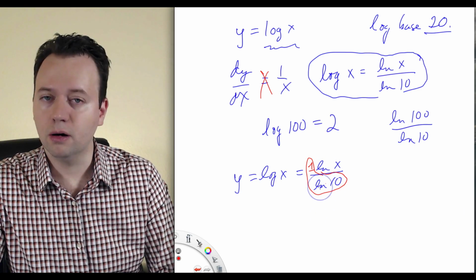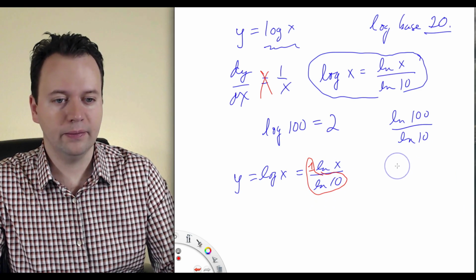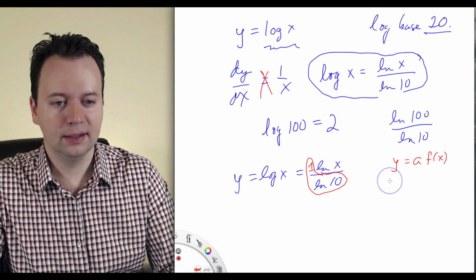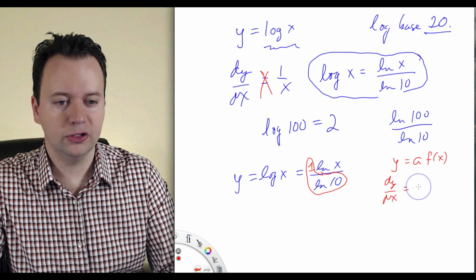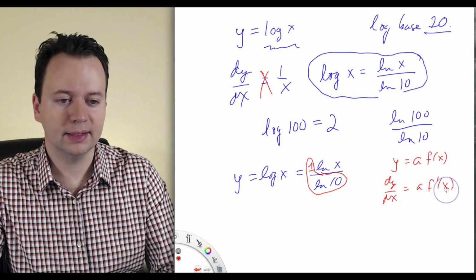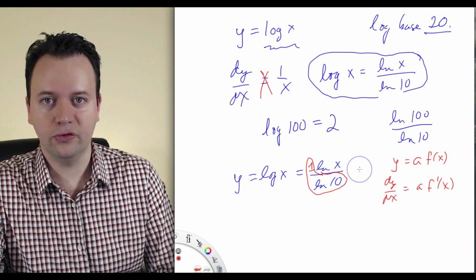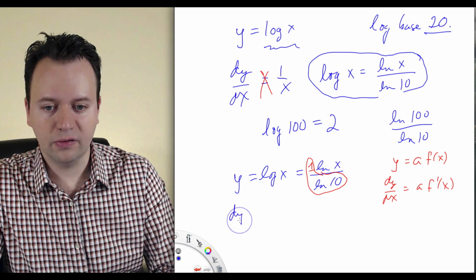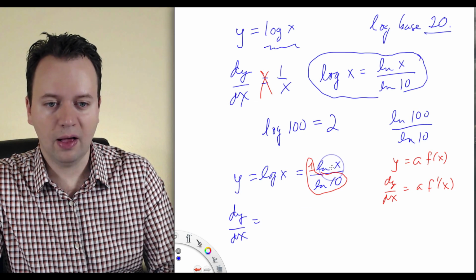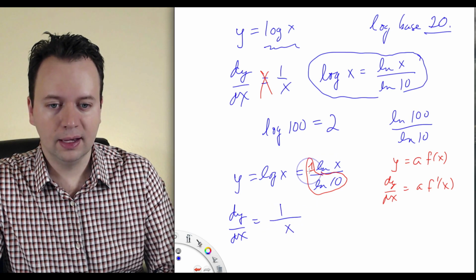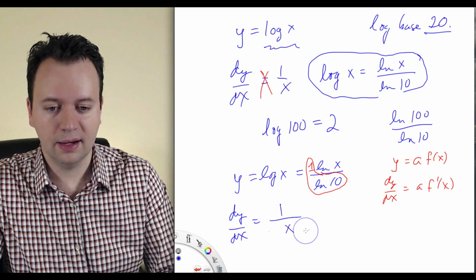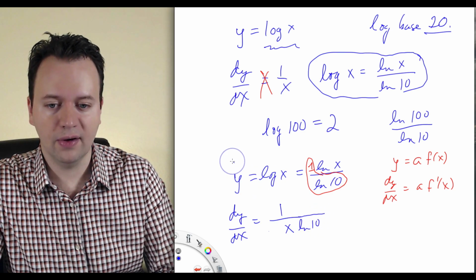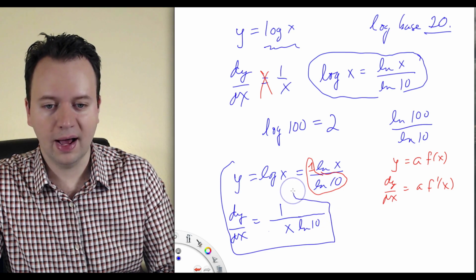It's just our coefficient, so it's just like saying, if I have y is equal to a times f of x, dy dx is just going to equal a times f prime of x. Right? Constants are free to move in and out of the derivatives without affecting anything. So the derivative of ln of x is just 1 over x, and then the coefficient 1 over ln of 10 just stays along for the ride. So the derivative of log of x is 1 over x ln of 10.